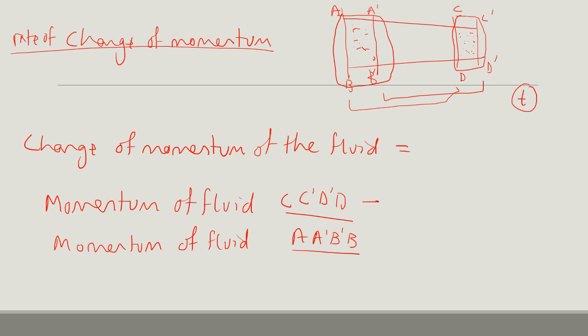So once we can get the momentum here and subtract from it the momentum here, we have our change of momentum of the fluid. So now how do we get the momentum of the fluid at C prime D prime D? Let me get a new slide.